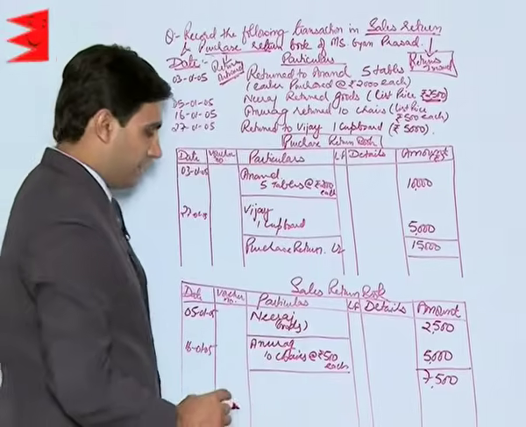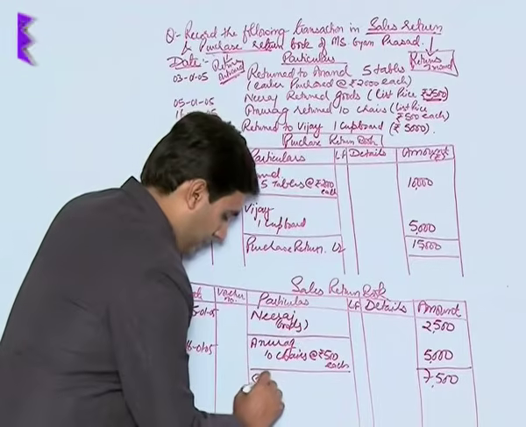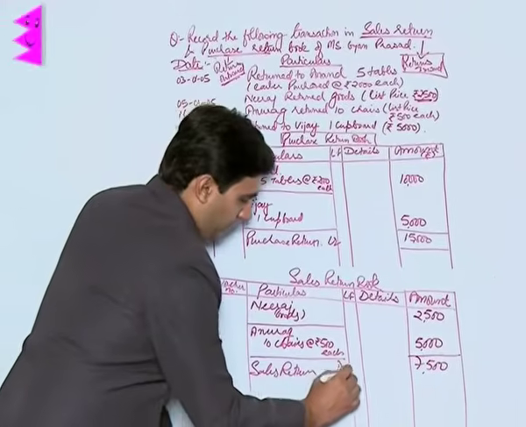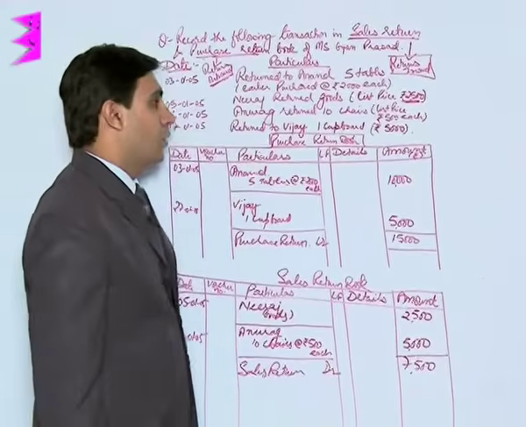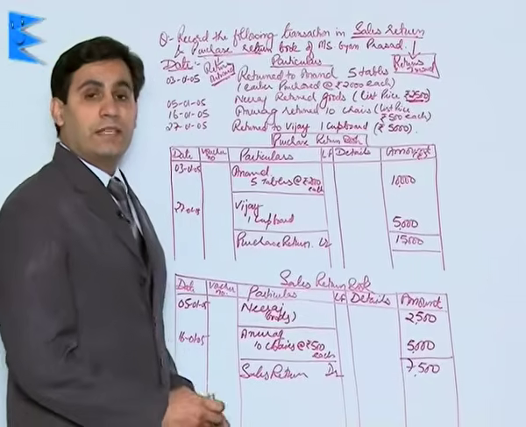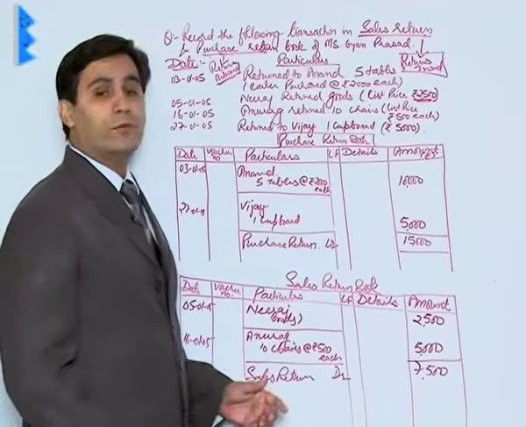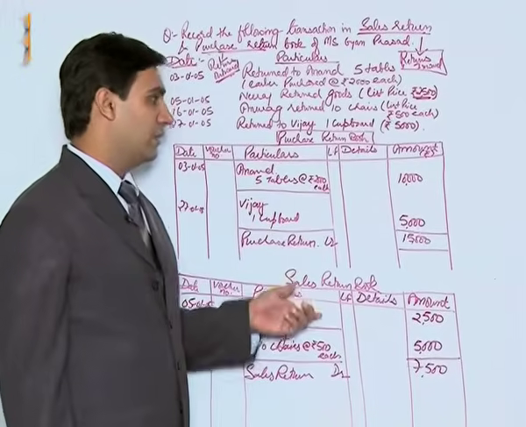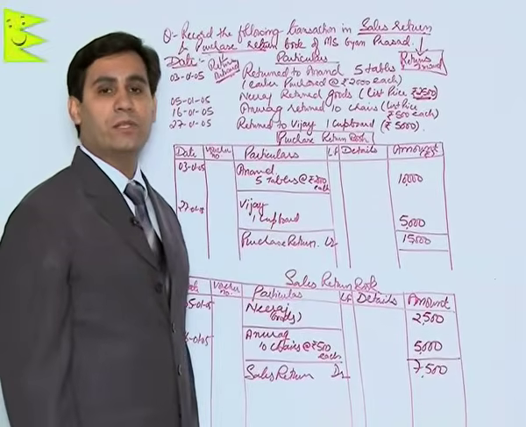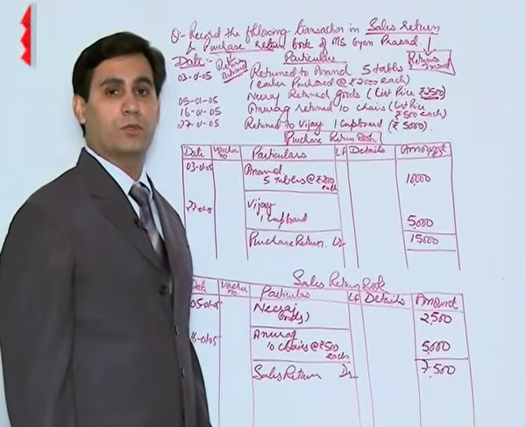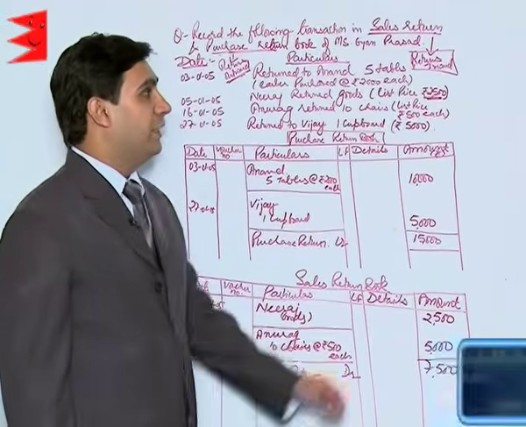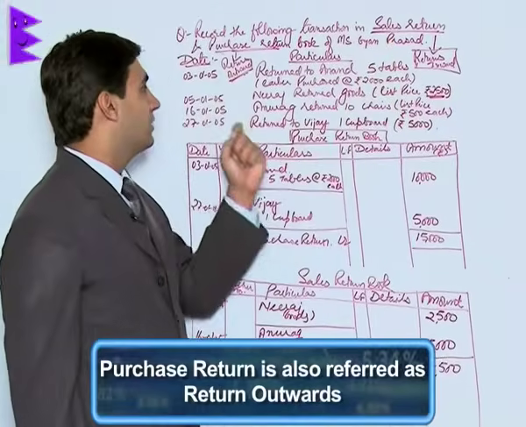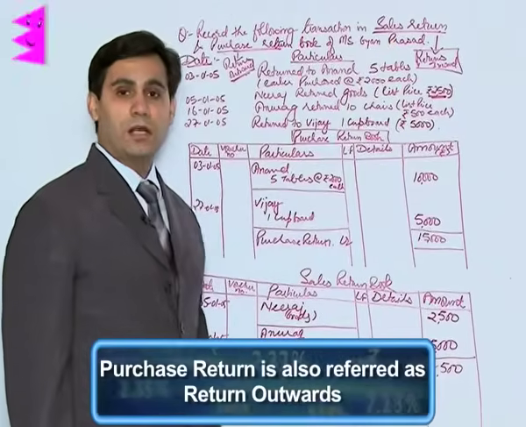Now sales return has debit balance. So sales return on the debit side. So now students, remember that in case of questions like this, you have to identify the transactions, which one to be put in sales return or purchase return, and for that matter you can have mixed entries for purchase and sales book also. Do keep in mind, sales return is also referred to as return inwards and purchase return is also referred to as return outwards.